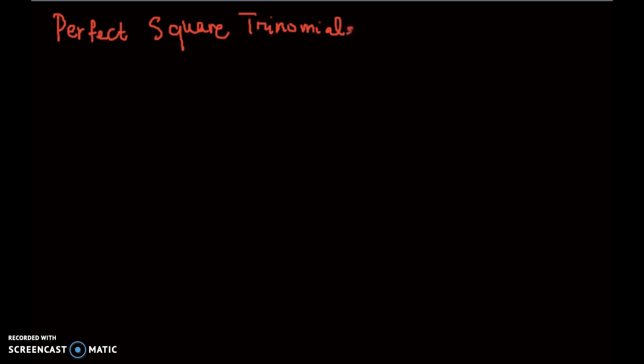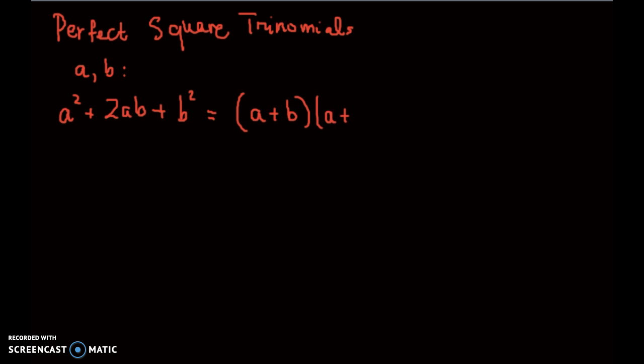Okay. So if you recall, for every number a and b, if I have a squared plus 2ab plus b squared, this will be equal to a plus b times a plus b, and this one will be equal to a plus b squared.